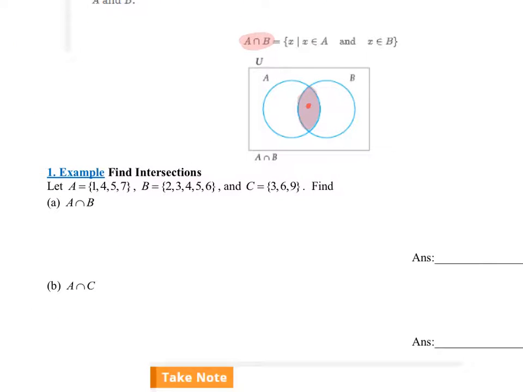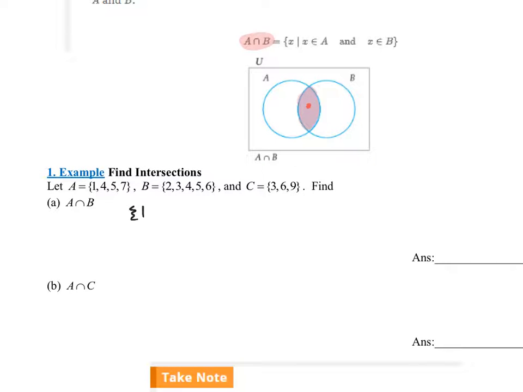So we're going to do some examples here. It says let A be the set 1, 4, 5, and 7. Let B be the set 2, 3, 4, 5, 6. And let C be the set 3, 6, 9. So it wants us to find A intersect B. We have to show work here. The first thing we should do is rewrite the sets as what they are.